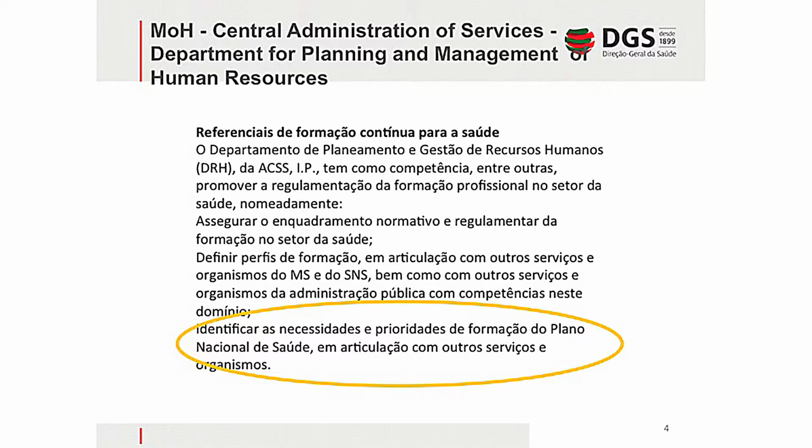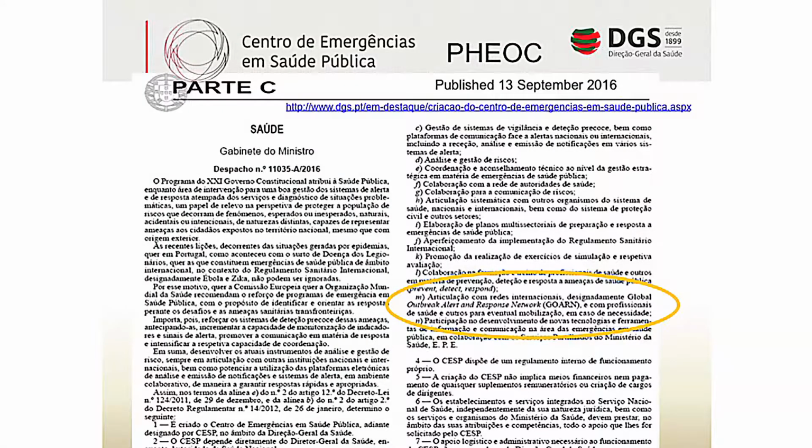And under that, we also had another legal paper that allowed us to build our new Public Health Emergency Operations Center. This was fully implemented with the WHO and ECDC as guests on the implementation day. Believe it or not, it was very recent, in 2016, and this legal paper says something so clear as prevention, detect, and response.